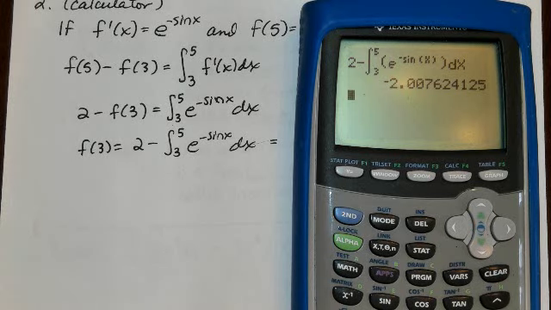And round to 3 decimal places. Always. In this class, always 3 decimal places. All right, at least. If you want to put more, that's fine, but at least 3.